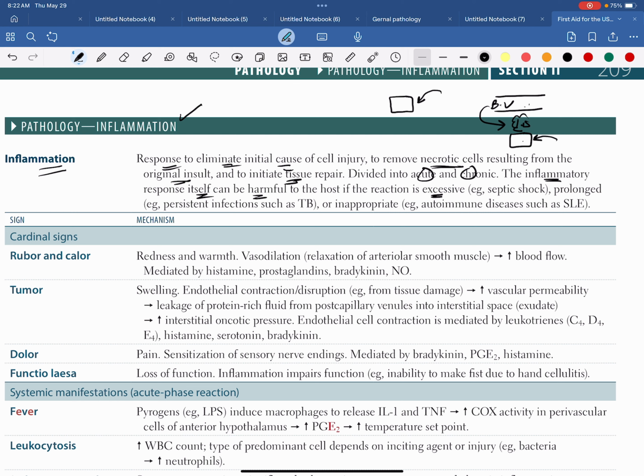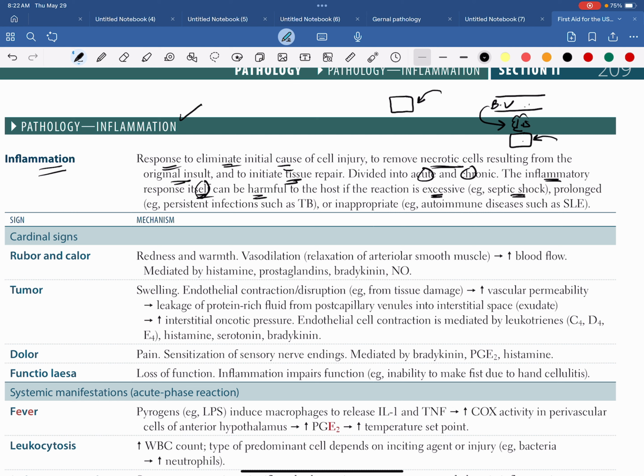When inflammation occurs in our body, different kinds of cytokines and inflammatory mediators are produced, and those inflammatory mediators can lead to vasodilation, and that vasodilation can cause septic shock. That's why they mention here that the inflammatory response itself can be harmful for the person if it is excessive or goes on for many days, and it can lead to septic shock.